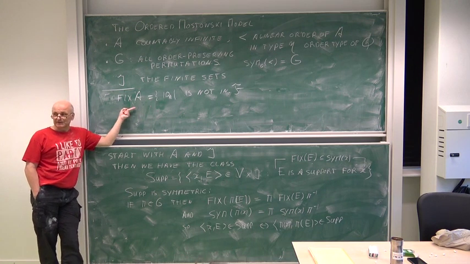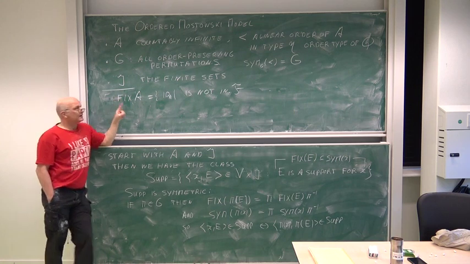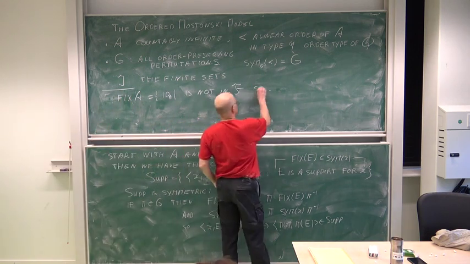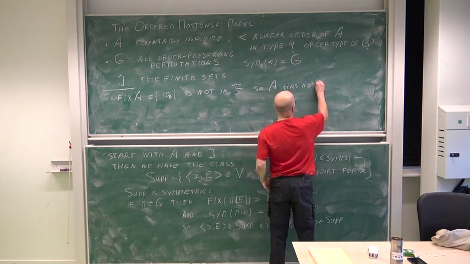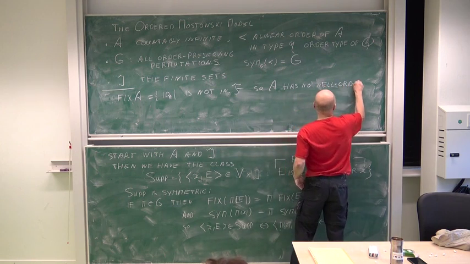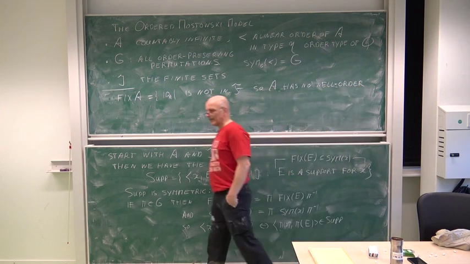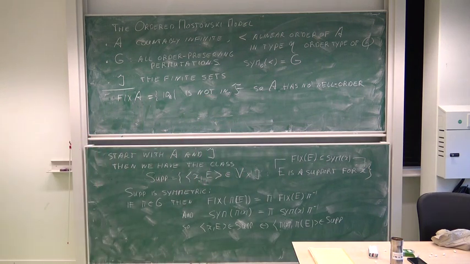The fix of A is just the identity map and nothing more. That's not in our filter. So A has no well order because its fixed set is too small.